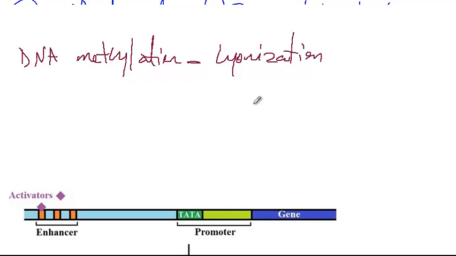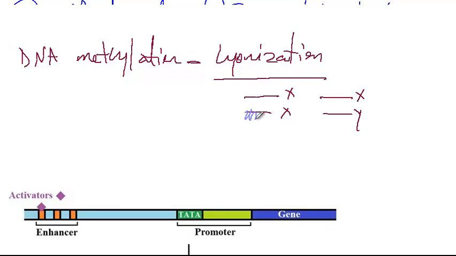You know how human females have 2 X chromosomes, but males have only 1 X and 1 Y. So there are too many X chromosomes present in females, and in order not to cause a problem, one of these X chromosomes needs to go inactive, and this process is called lionization. And lionization is actually done by methylation of the X chromosome.